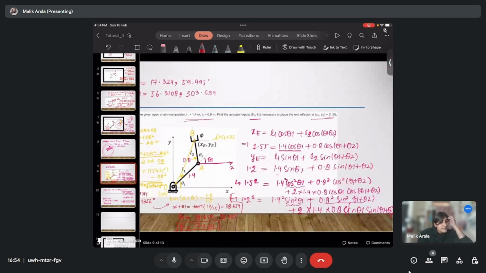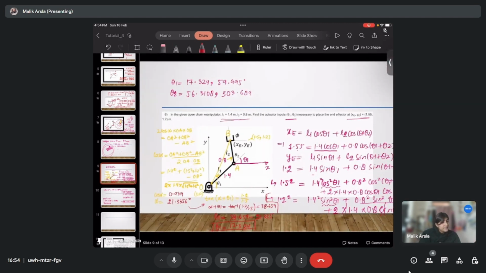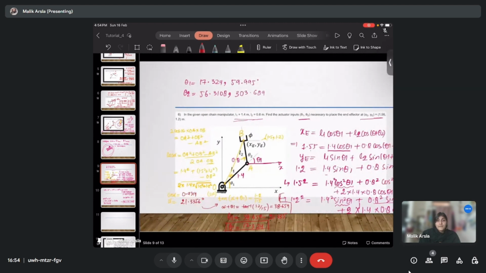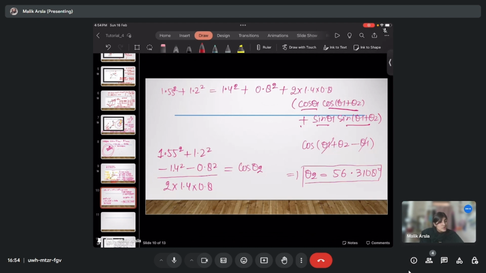Understood till here? Anyone has any doubt till here? So corresponding to this theta 2, we got theta 1 as 17.3241.